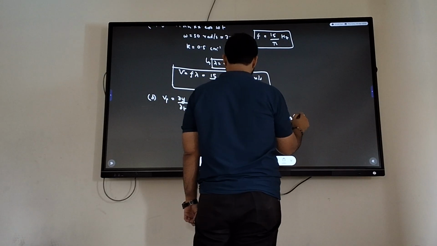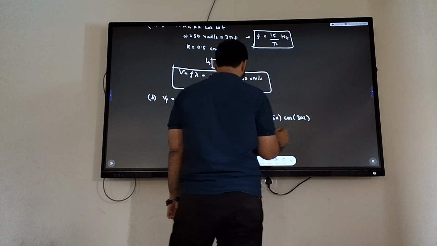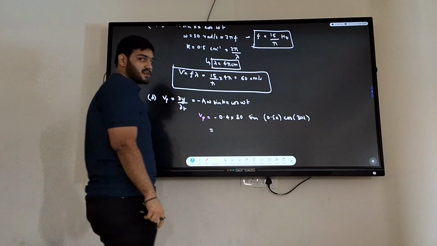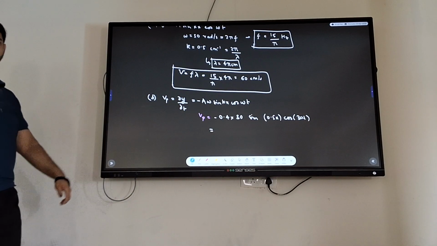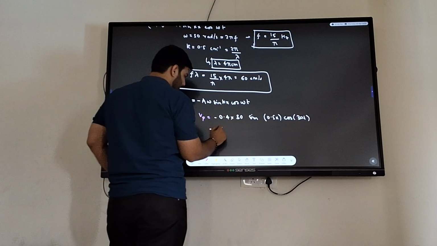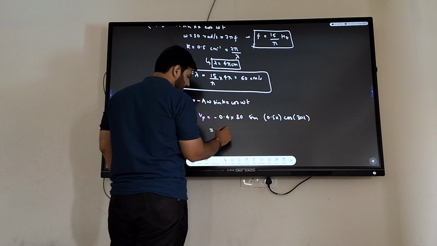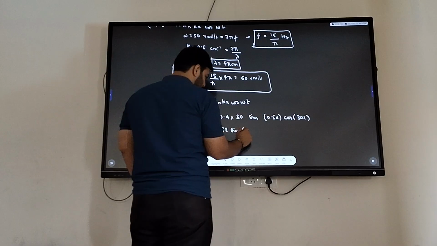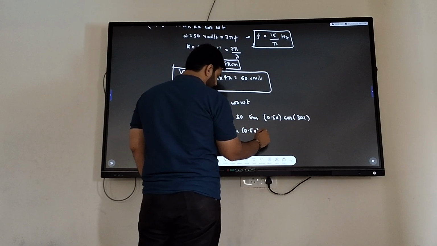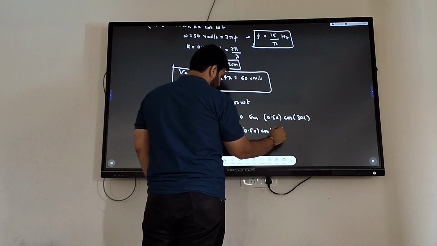Omega 30. And this will be 0.4 times 30, what is that now? 4 by 10, so 12. 12, yes. 12 sin 0.5x cos 30t.